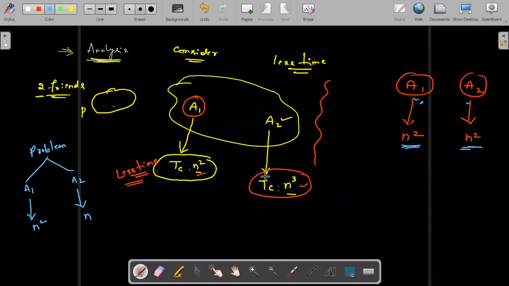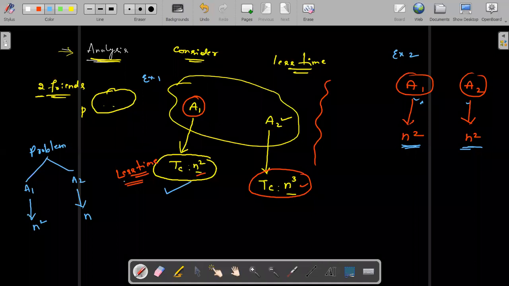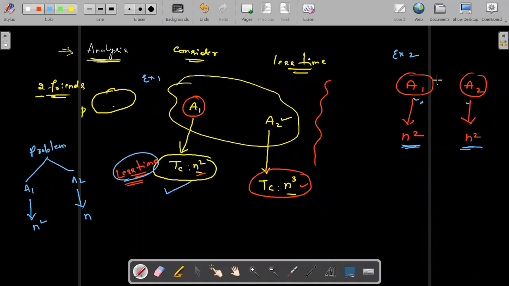This is example 2, and the earlier one is example 1. In the first example, which one will you select? Basically, you select the algorithm that gives less time. If you go to example 2, you can select any one, not both. Any one algorithm you can apply. Here, choose any one.